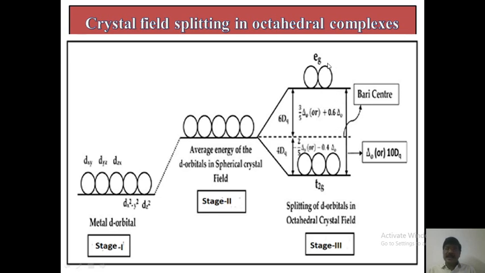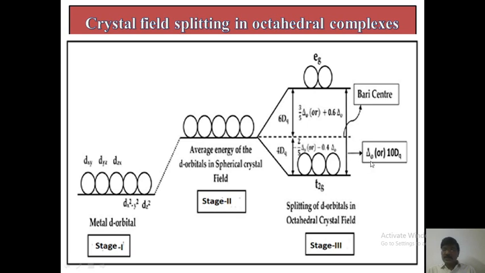The difference between these 2 types of orbitals indicates the crystal field splitting, or crystal field stabilization energy, that is plus 0.6 delta O and minus 0.4 delta O around the barycenter.